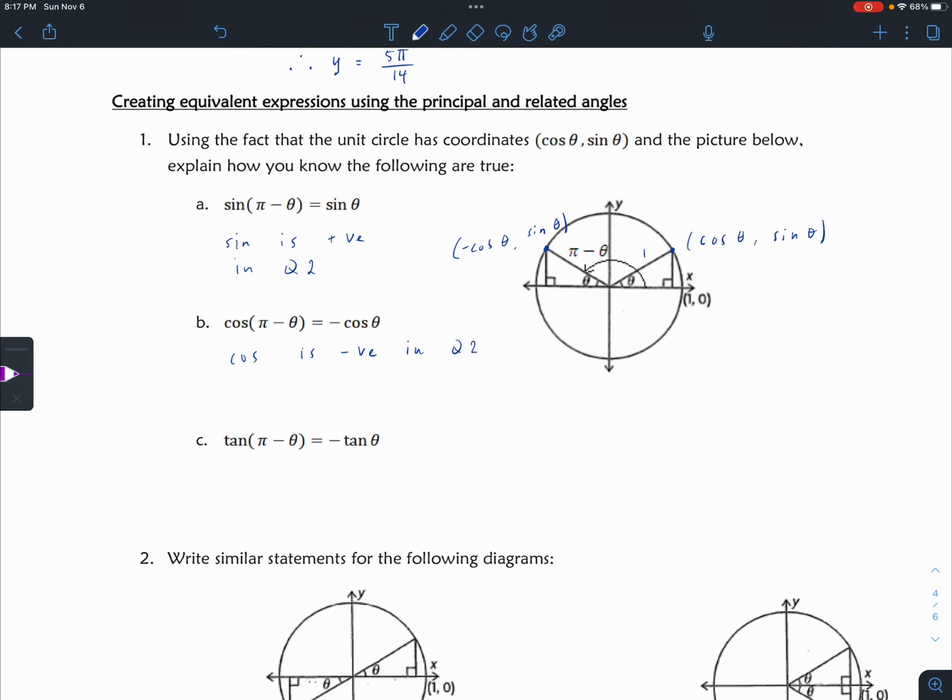And then lastly, tangent. Now tangent we know is sine over cosine, right? Sine theta over cosine theta. And so since sine is positive while cosine is negative, this would just be negative. I'll write it like sine theta over negative cosine theta.